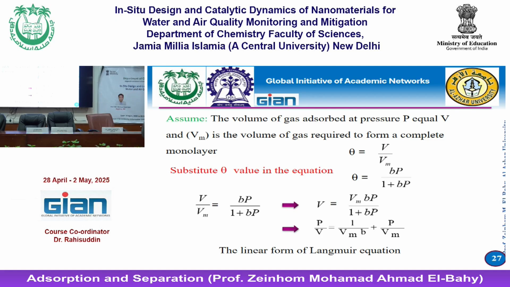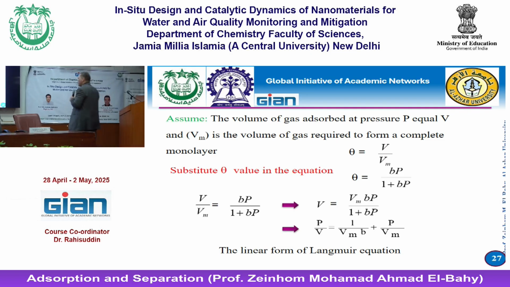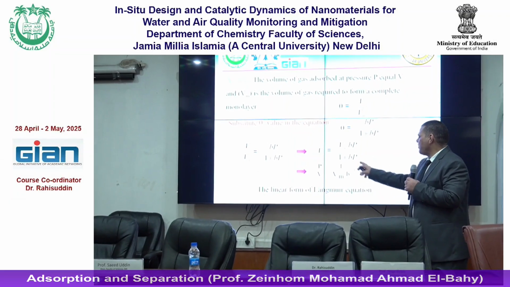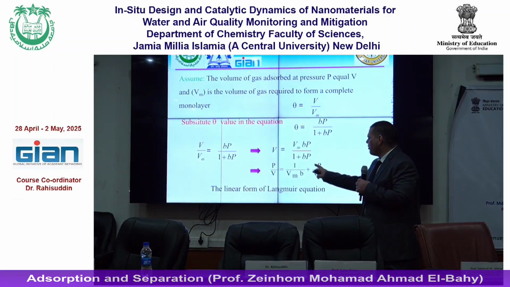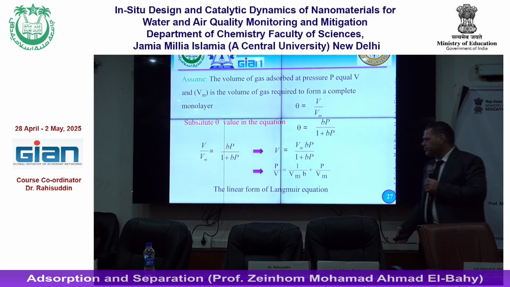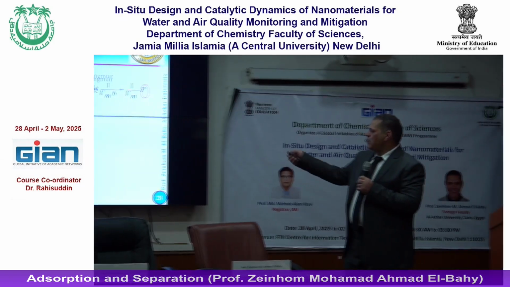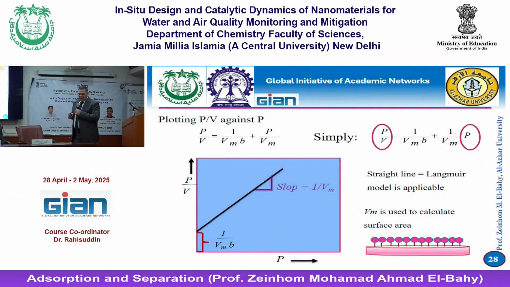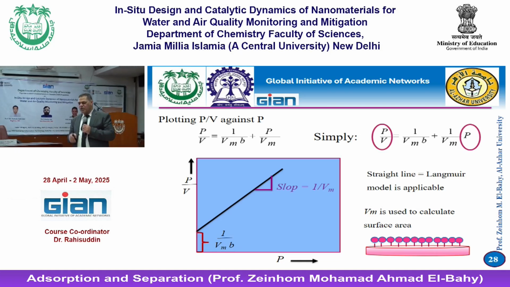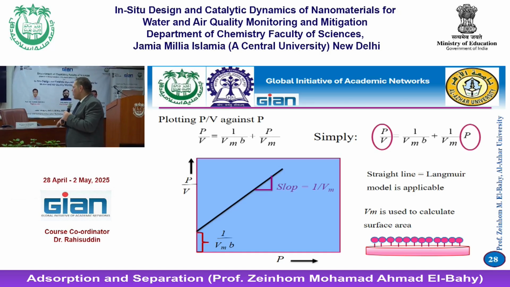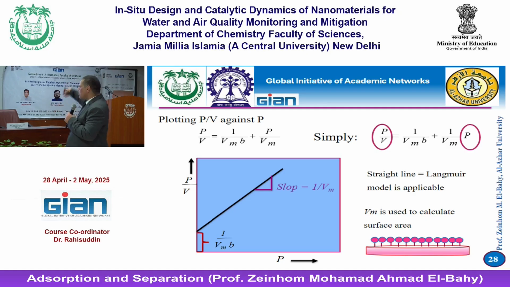In this equation, we make a plot between P over V and P. The slope will be 1 over Vm, and the intercept is 1 over Vm b. Sometimes, in an adsorption experiment, they ask whether it belongs to the Langmuir equation, or Freundlich, or Temkin.